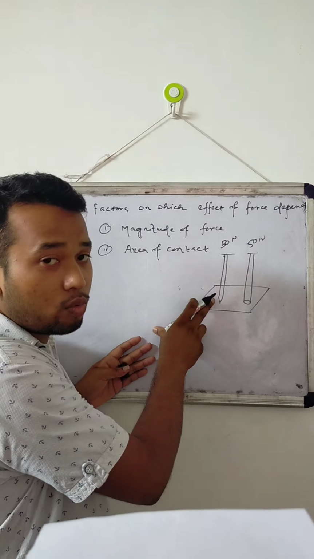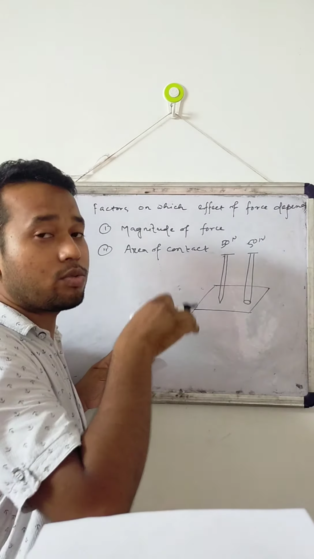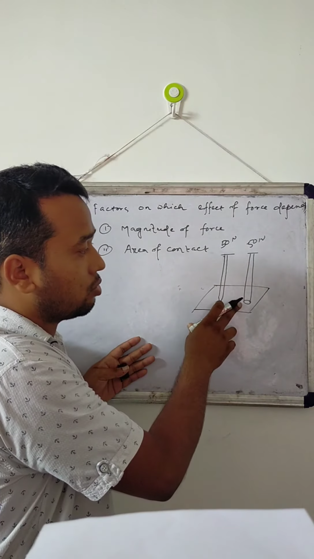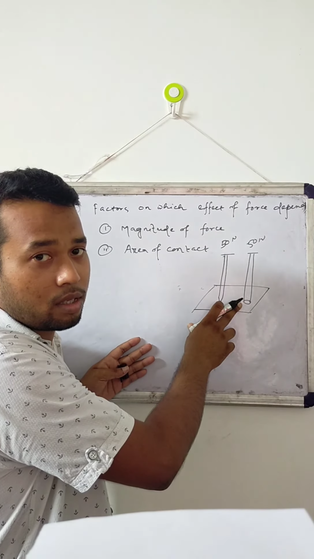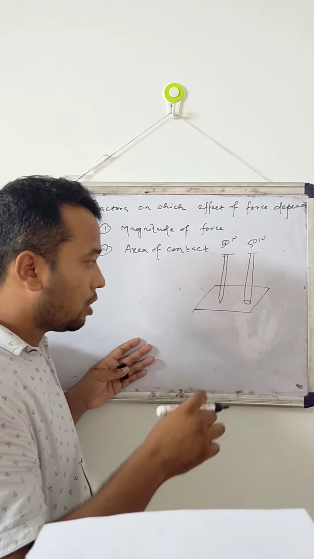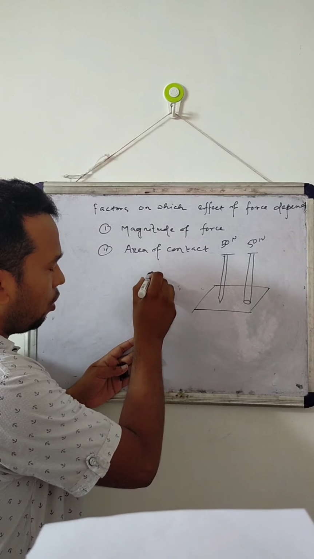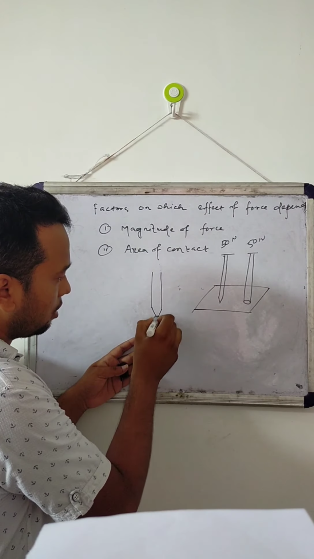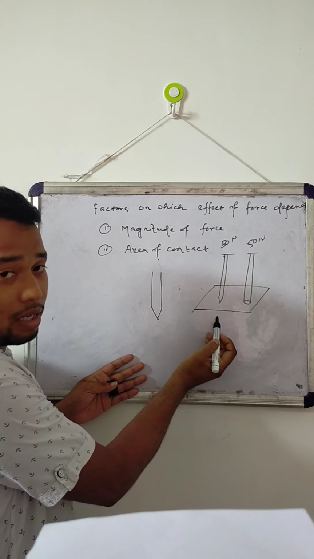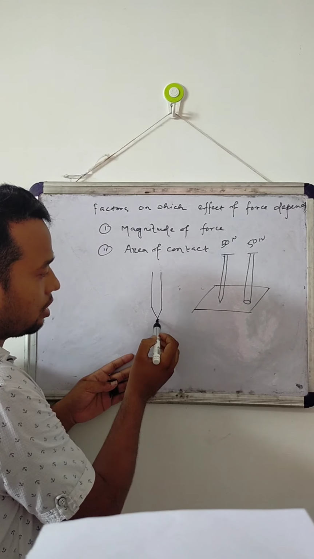This iron nail will insert into the wooden surface more easily in comparison to the blunt iron nail, because see, when we take a sharp iron nail, its area of contact with the surface is this one, yes or not?